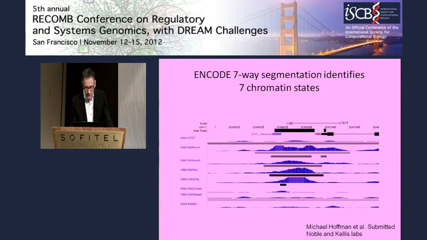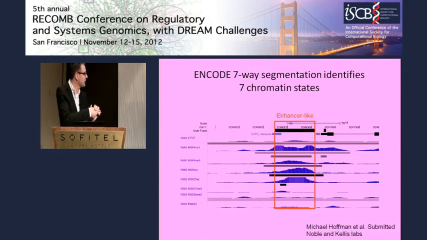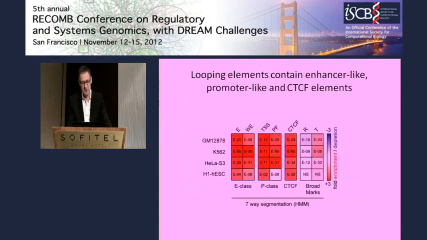We used segmentation analyses really pioneered by Manolis Kellis's lab and Bill Noble's lab. ENCODE segmented the genome into 7 different states. One of them is, for instance, shown here, an enhancer state characterized by a combination of features, such as histone modifications and so on. So now we can look to see whether the distal sites we find interacting with genes fall into any of these particular classes.